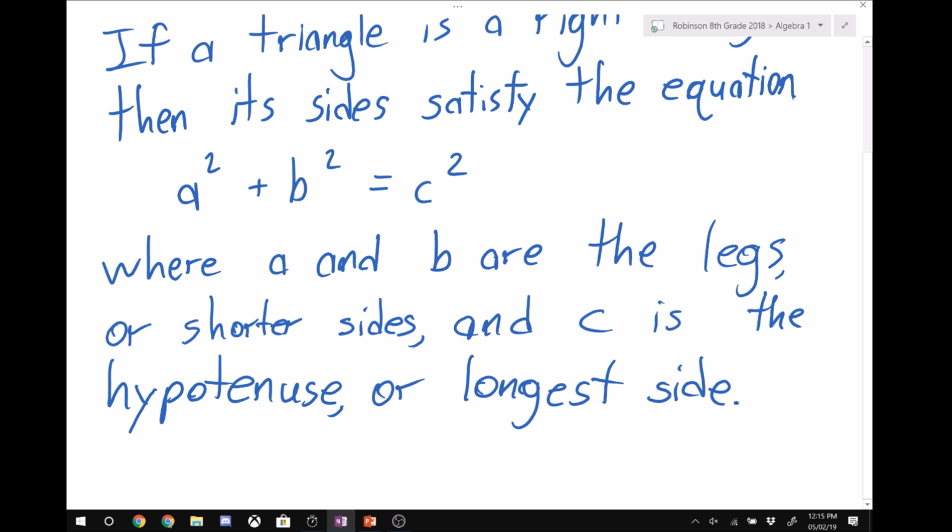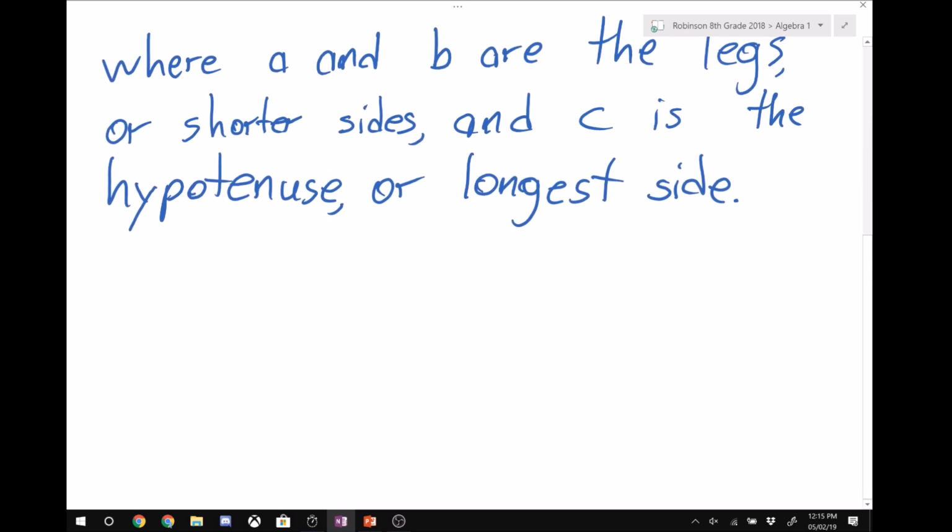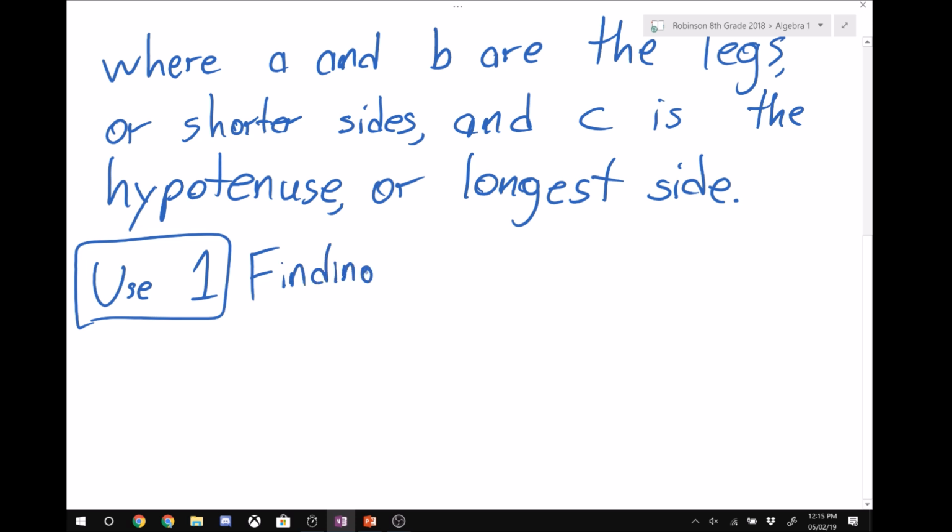So there are a few ways to use this. We're going to focus on two today, okay? The first one is finding a missing side length.